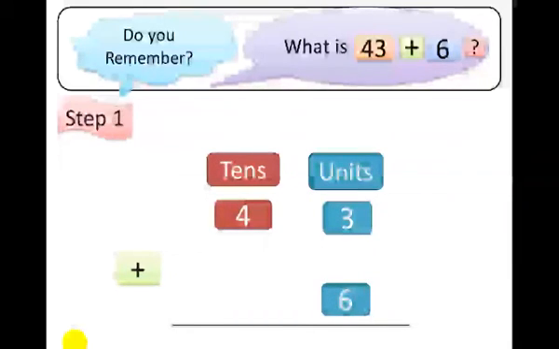Firstly, we look at this question. Now, if we want to solve this question, we start from the right hand side of the place value table. You move from the right to the left. That means solving this question, you always start from the unit side.